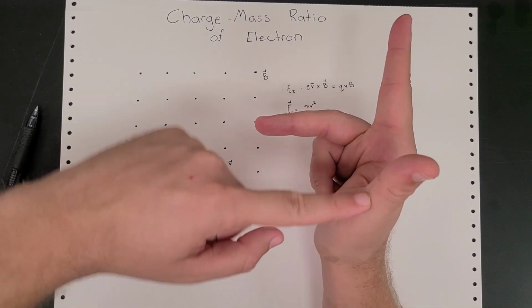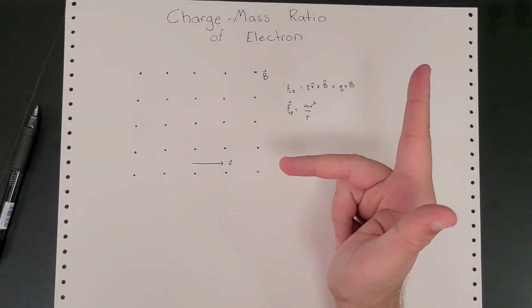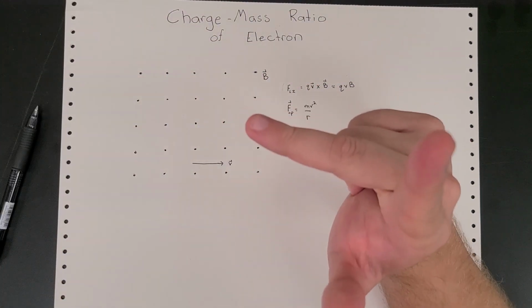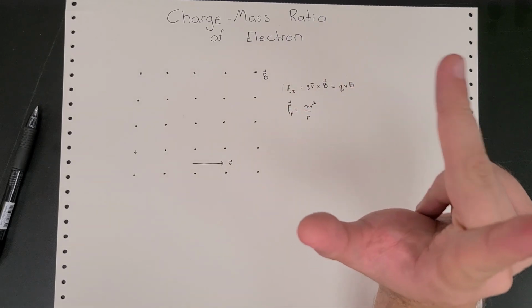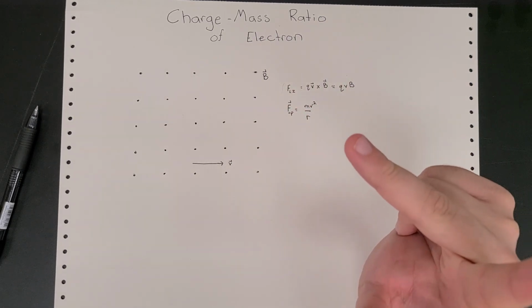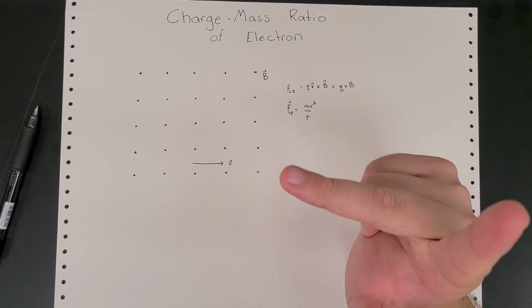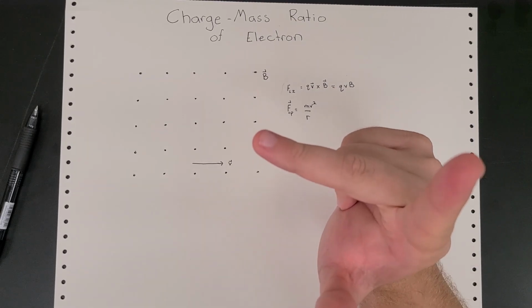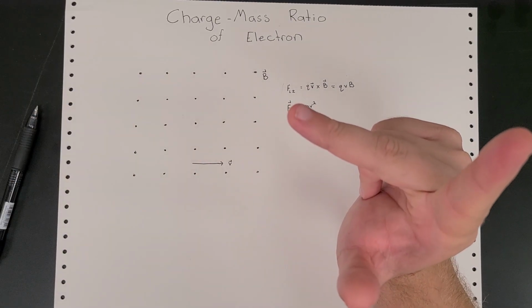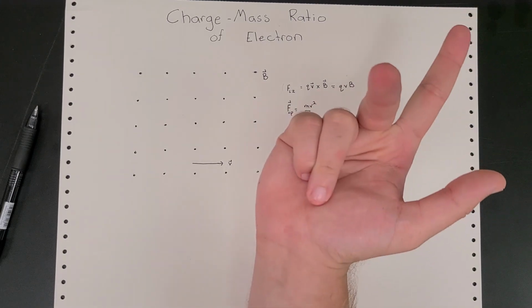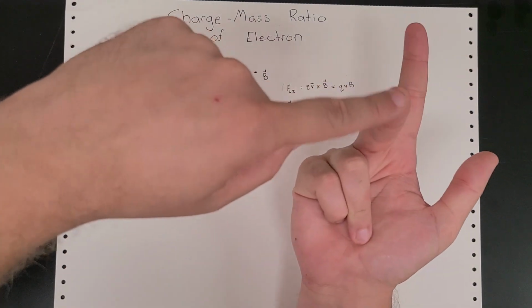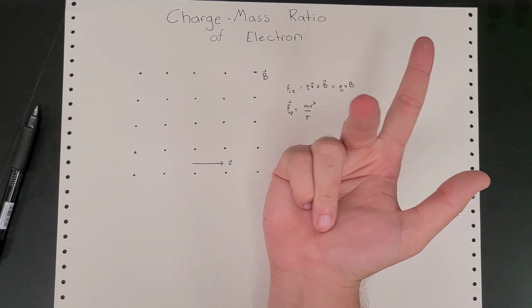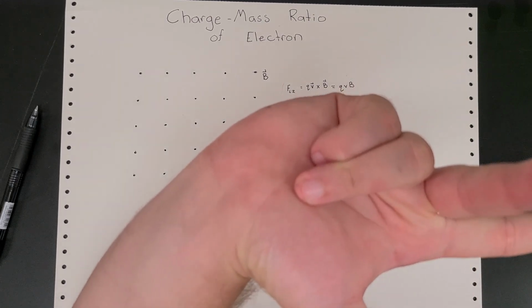So our force is going to be V cross B. B is out of the page because B is our middle finger, and V is going to be our velocity. So we're going to rotate like so.